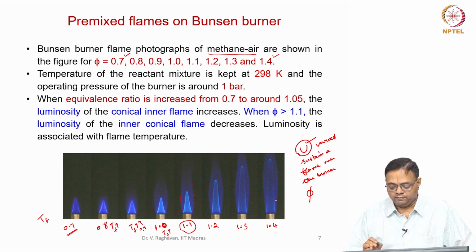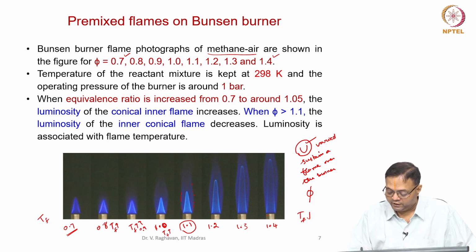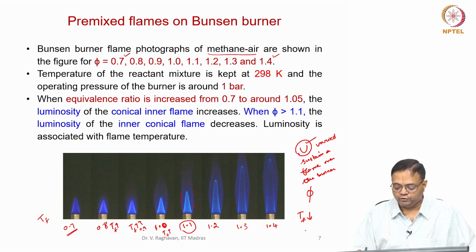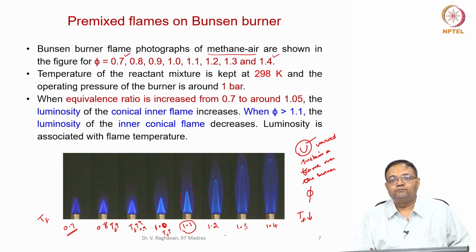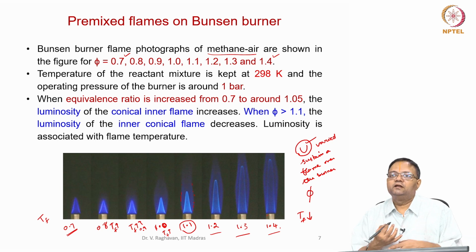This is because again the Tf decreases as the equivalence ratio increases beyond 1.1, and you can see a good amount of burning as a diffusion flame outside the cone when equivalence ratios increase, because more fuel needs oxygen from the ambient to burn as a diffusion flame.